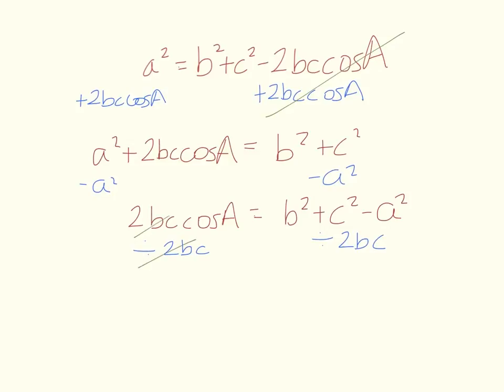I do that because it cancels here, and I find that cos A is equal to b squared plus c squared, take away a squared, over 2bc. This is the formula that we will be working with in this video. This formula is given to you in your exam, and we can use this formula to calculate the size of an angle.